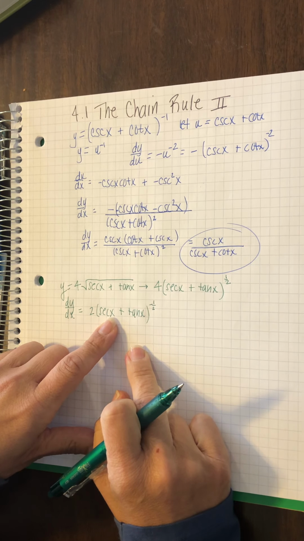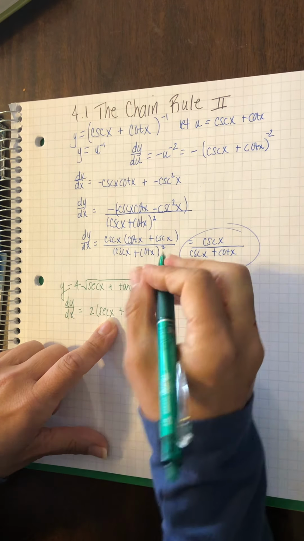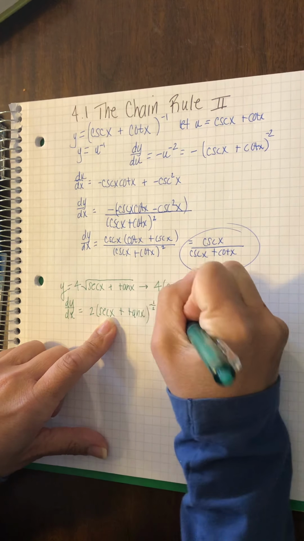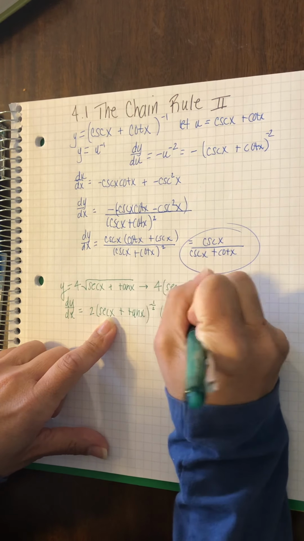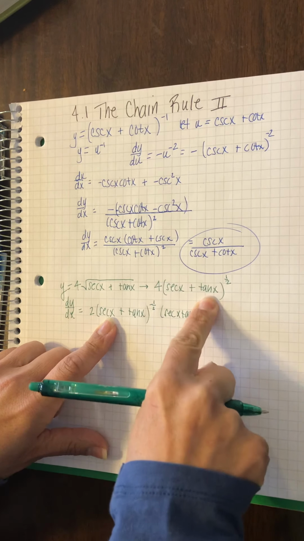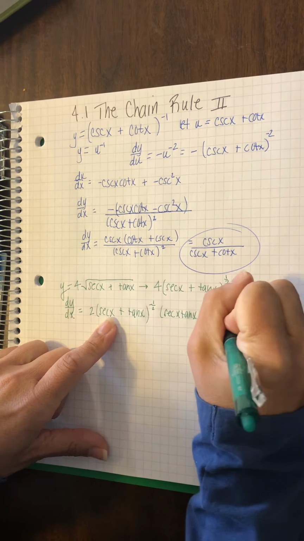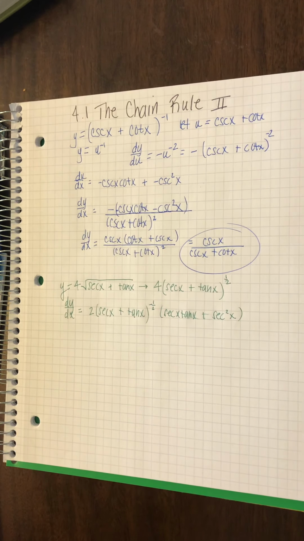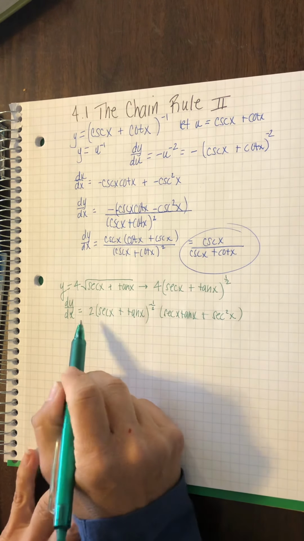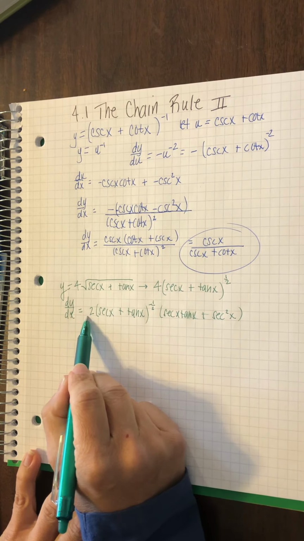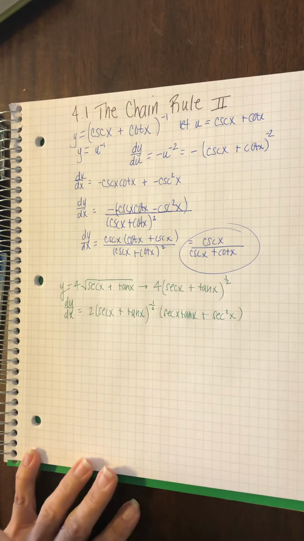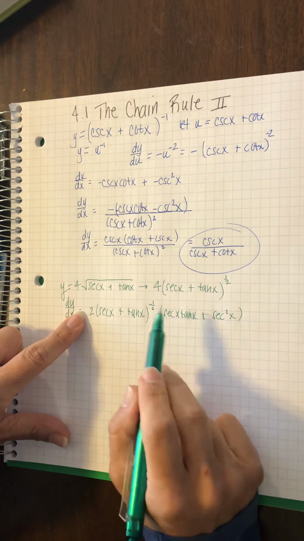The derivative of secant is secant tangent plus the derivative of tangent, which is secant squared.